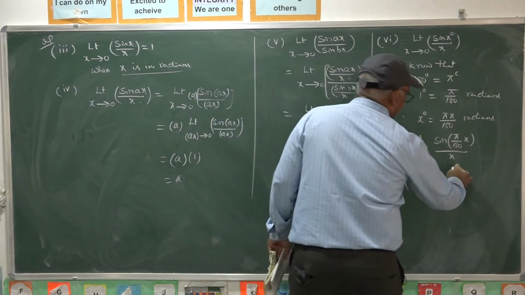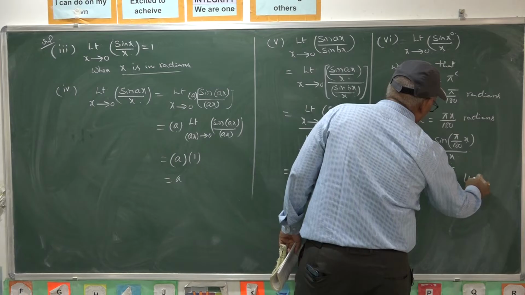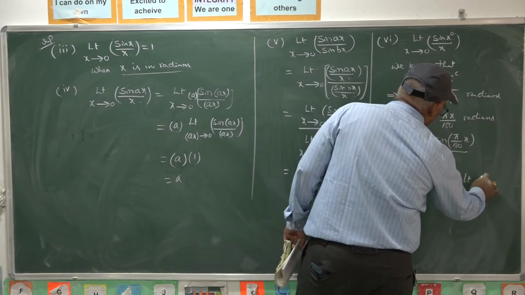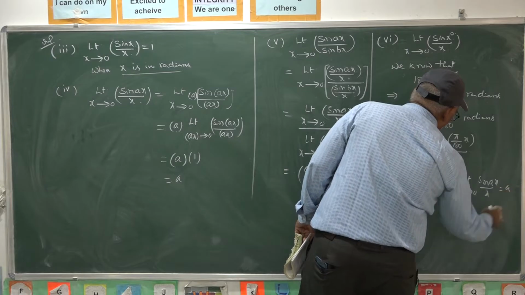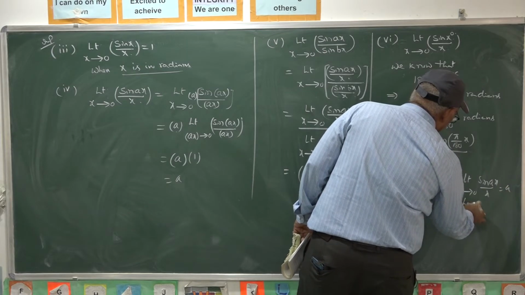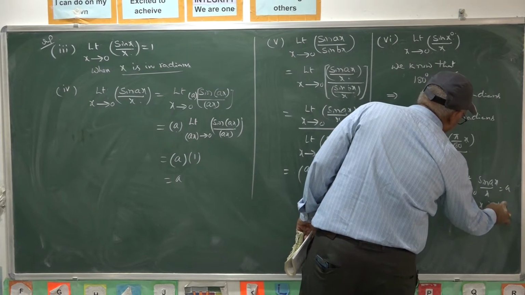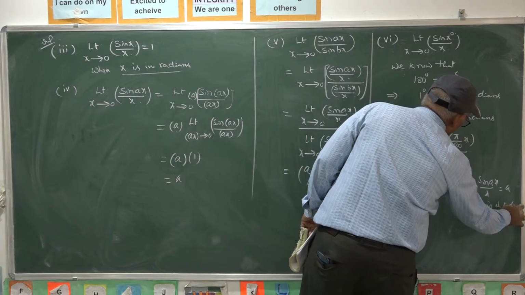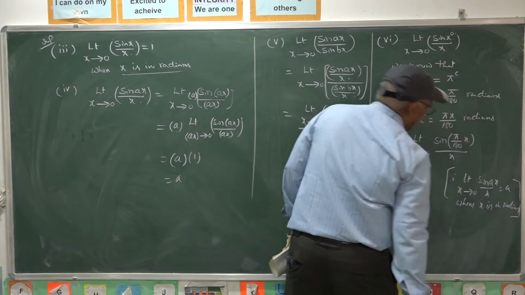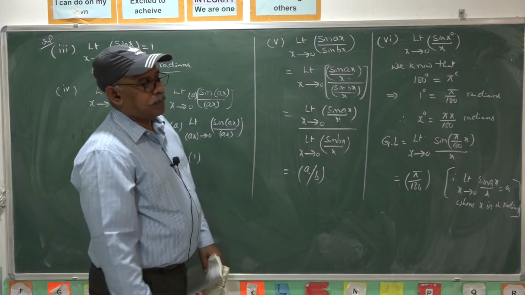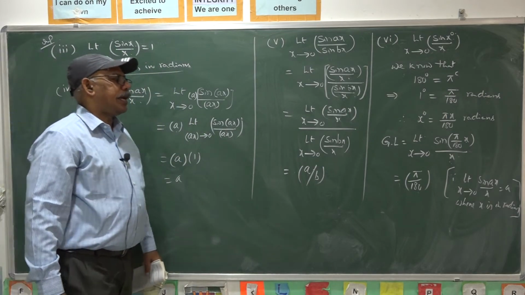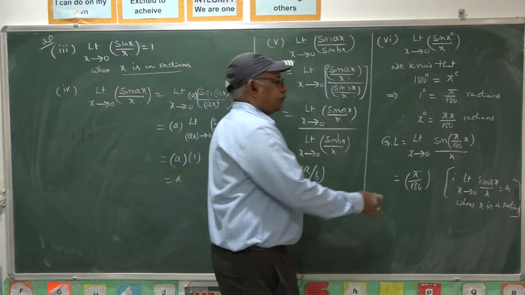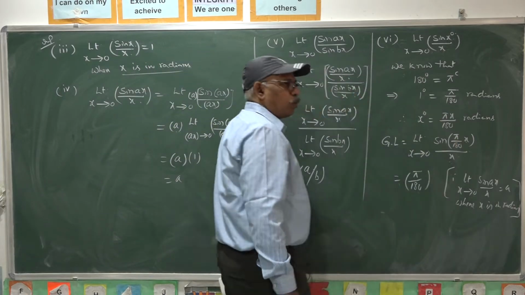Since I am applying the same formula, limit as x goes to 0, sin ax by x is a, where x is measured in radians. This is our formula. So limit as x goes to 0, sin x degrees by x is always equal to pi by 180.